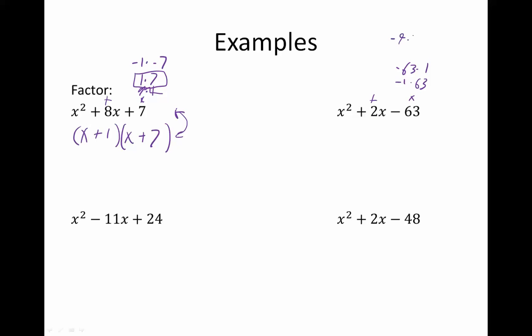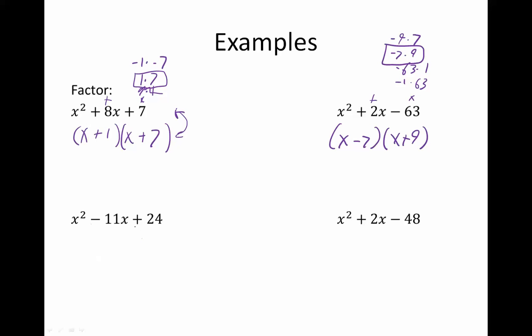We have negative 9 times 7, and we have negative 7 times 9. What about these ones? Well, take a look. This one right here, negative 7 and positive 9, multiplies to be negative 63 and adds to be positive 2, which means my factored solution is (x minus 7)(x plus 9).